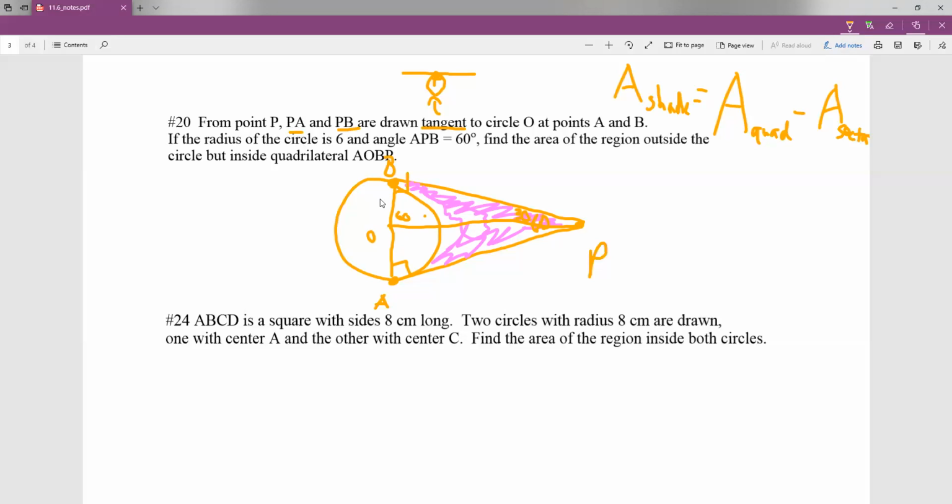Luckily, we are given that the radius of the circle is 6, so here and here these have a length of 6. So if this is a 30-60-90 triangle and my small side is 6, that means my medium side here is going to be 6 root 3.